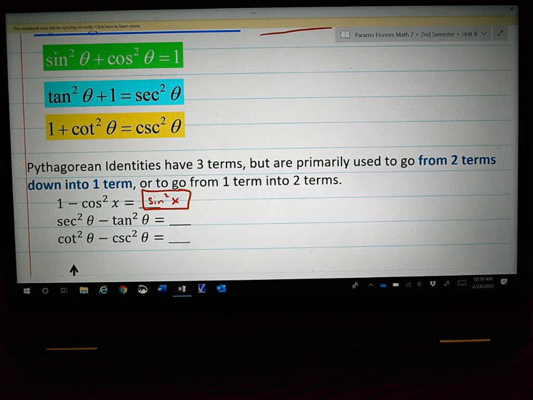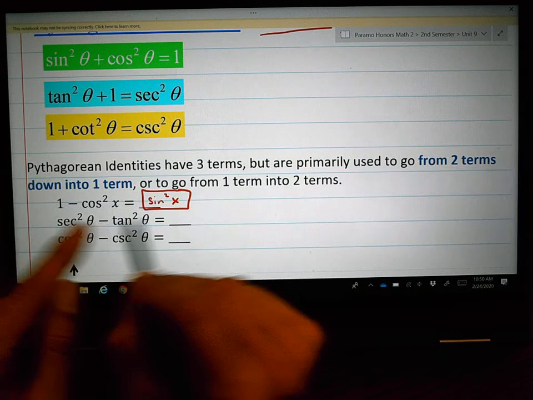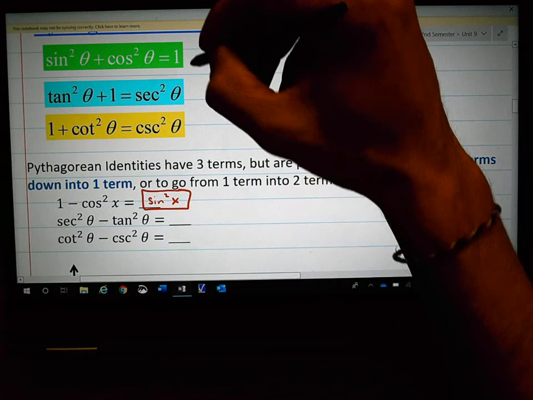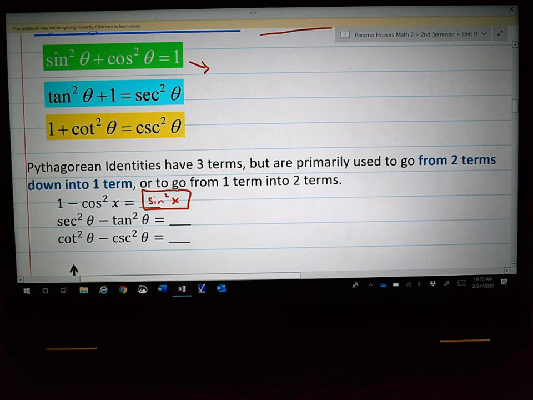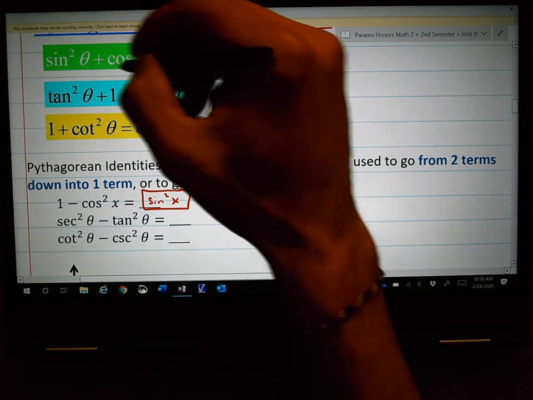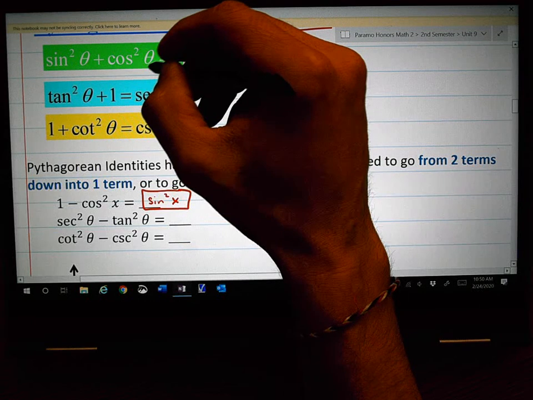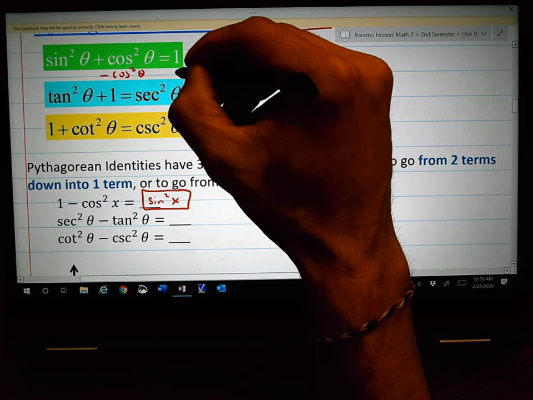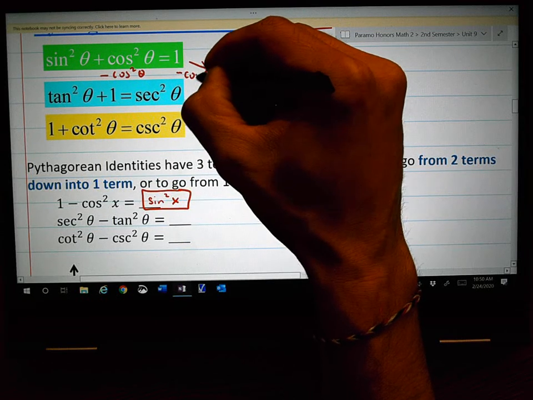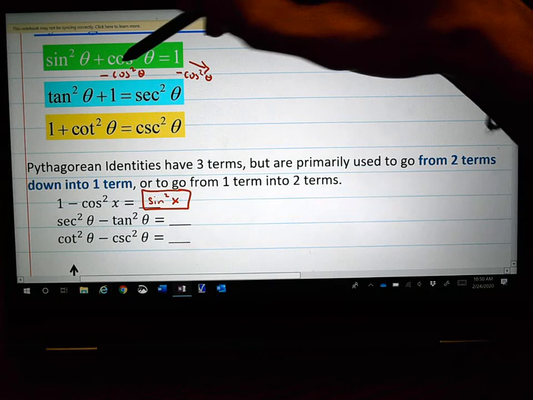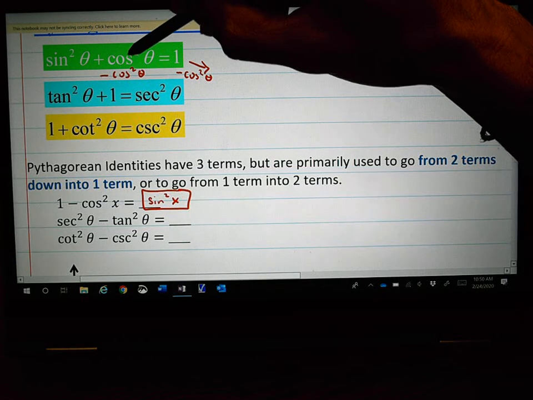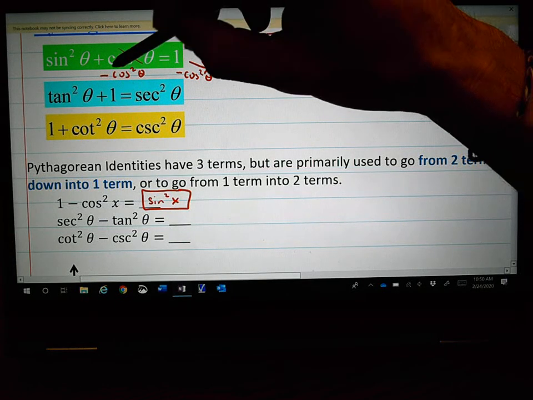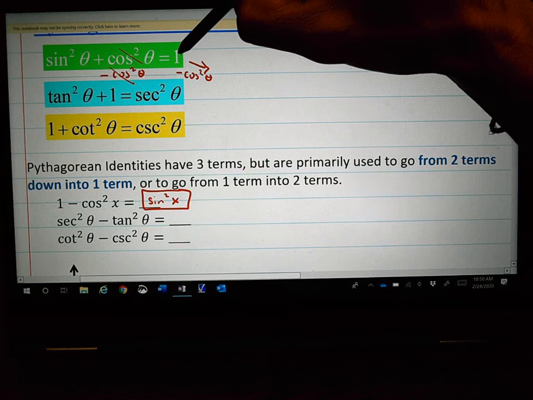How did I know that this is the same thing as that? Well, it's real simple. I'm using the first identity. If I take that first identity and I subtract cosine squared of whatever this is, and I do that to the other side, then cosine squared take away cosine squared would just cancel. And you have 1 minus cosine squared.